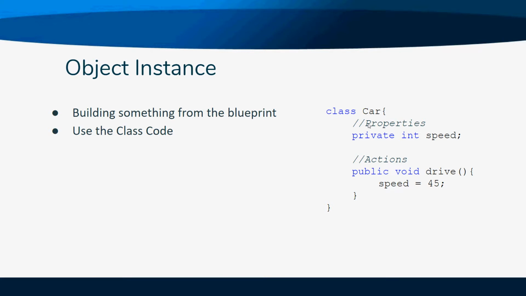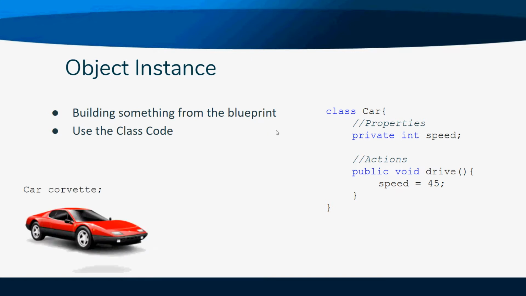An object instance is something built from your class. So if I'm going to create my blueprint, I'm going to create a class car. It's going to have an open and closing squiggly brackets, and you're going to use the keyword class. So if you want to create an instance of this particular object, you then take whatever you named your class and use it to declare your variable.